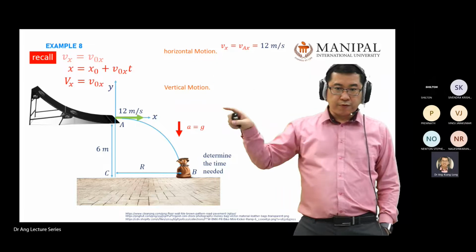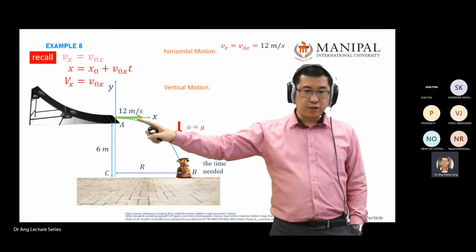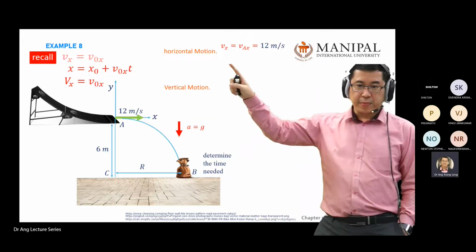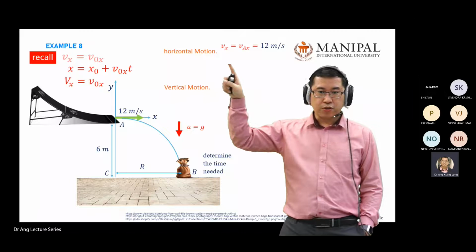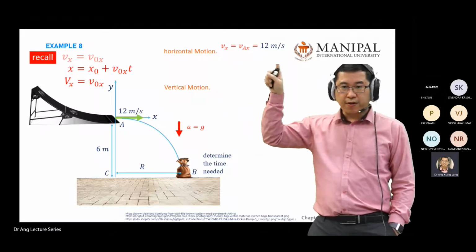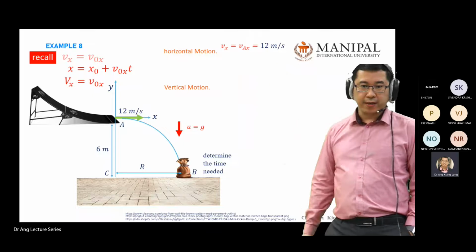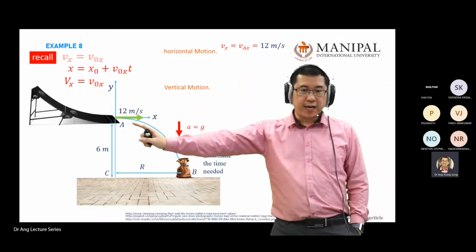What is the information given in the question? Velocity horizontal is 12 meters per second. Basically, straight away, you already solved the first question. Vx equal to Vax equal to 12 meters per second. You just modify a little bit: Vox, you modify it to become Vax.